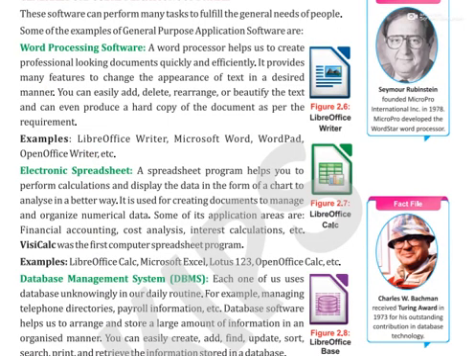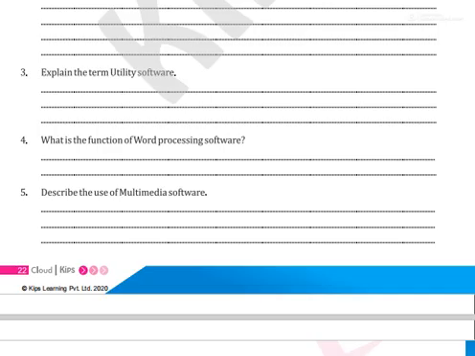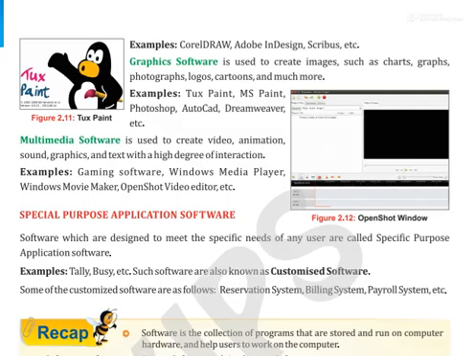Then last but not least, describe the use of multimedia software. So here we need to describe the multimedia software. What is multimedia software? It is described on page number 22. Multimedia software is used to create video, animation, sound, graphics and text with a high degree of interaction.